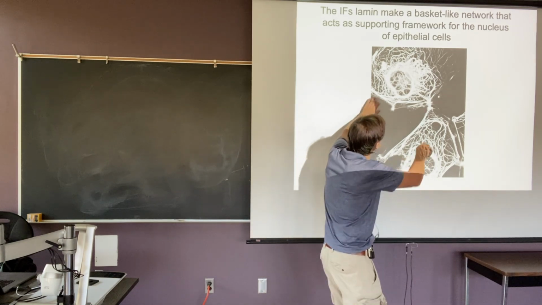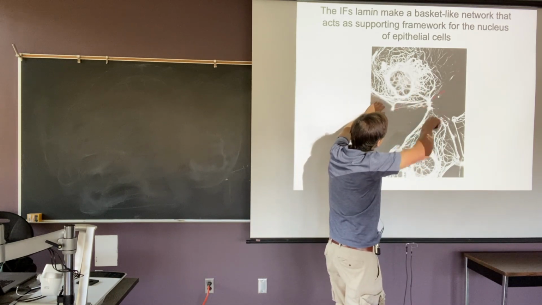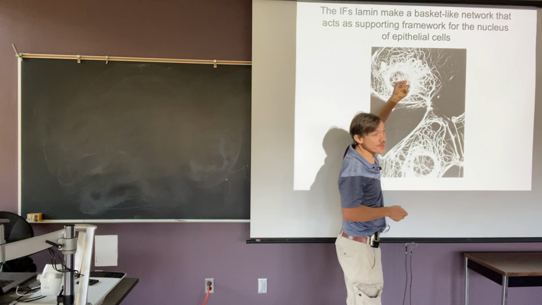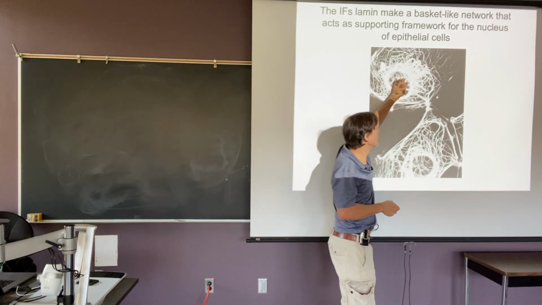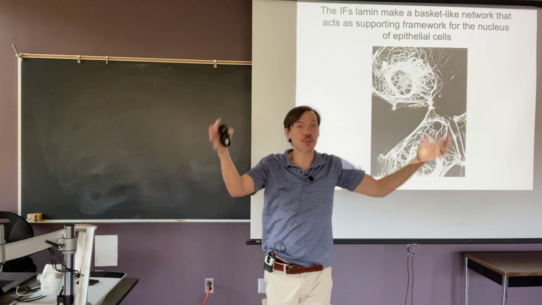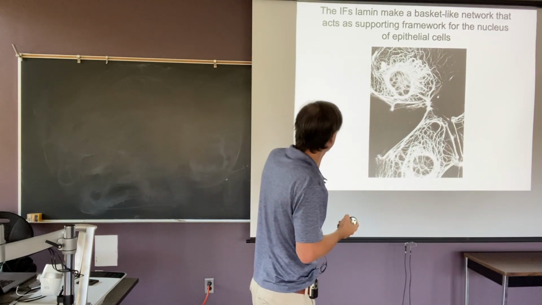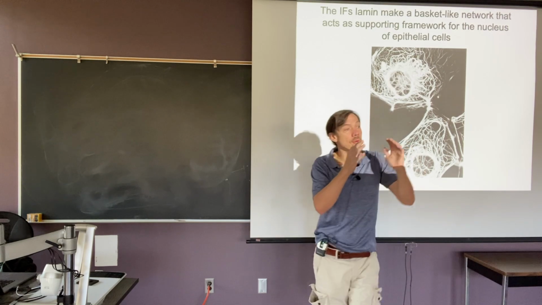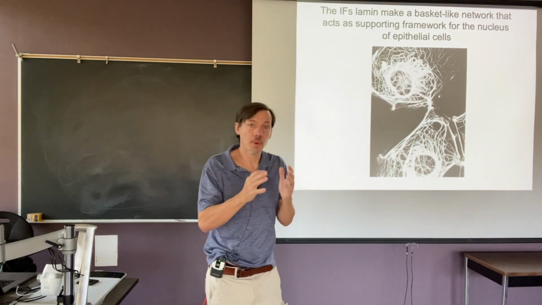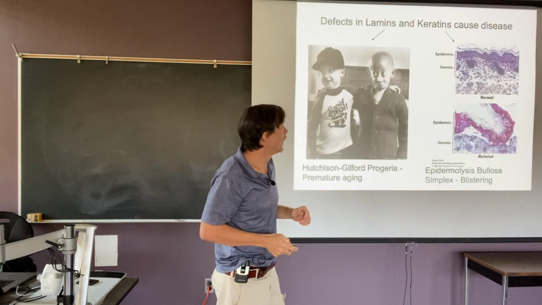So here's our non-neuronal cell. We have the nucleus of the cell here. You can imagine the nucleus is going to sit right there, and it's going to be surrounded by this meshwork of intermediate filaments. And lamins, in particular, are going to be right around the nuclear envelope, holding it together.